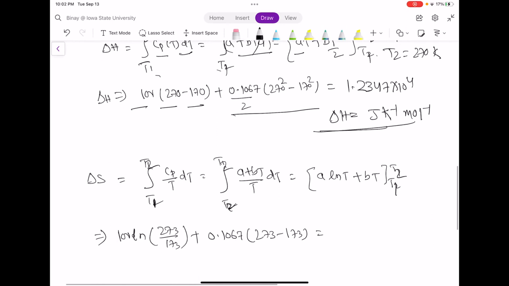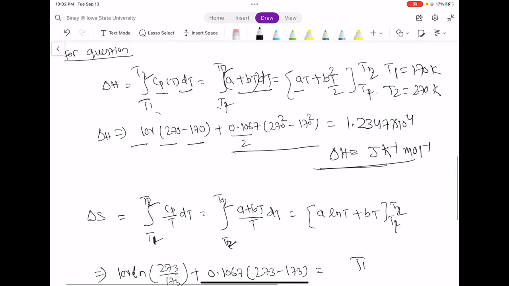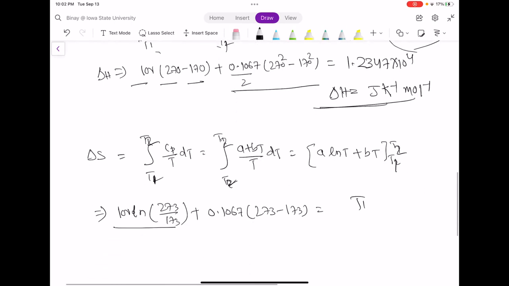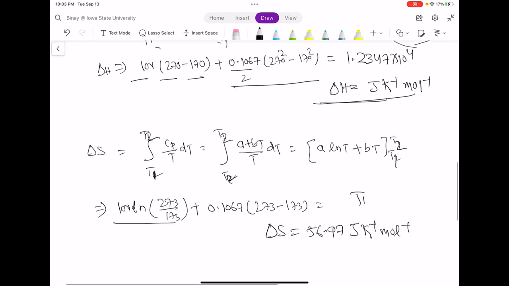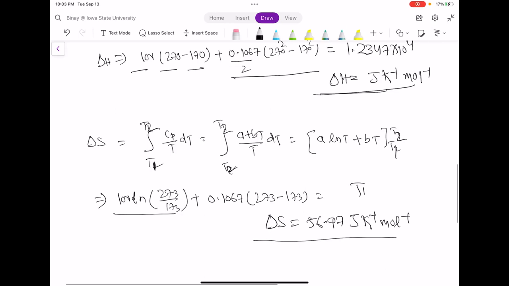Now we can substitute the values, 100 ln, because T1 and T2 are given here, and I will get delta S equal to 56.97 joule per Kelvin per mole. So I got my delta H and my delta S, which is asked in the question. Thank you. Let me know if you have any questions.